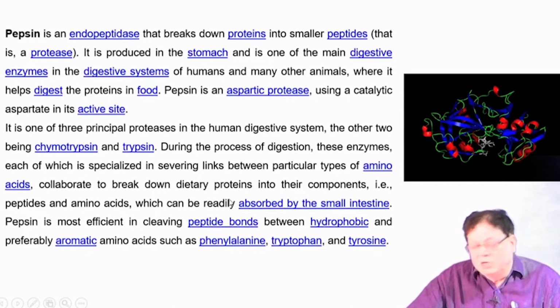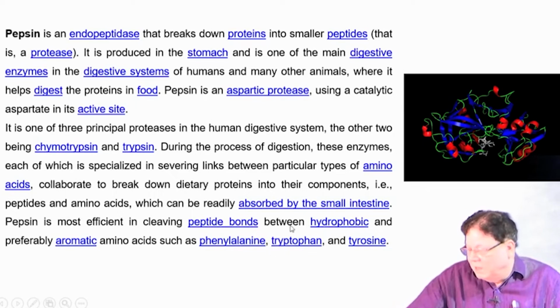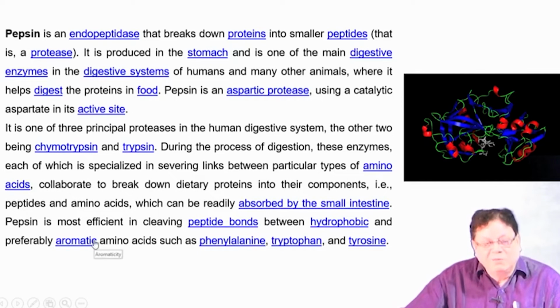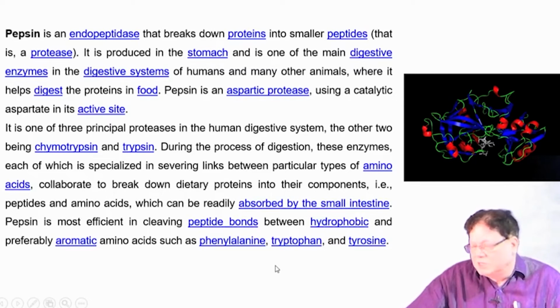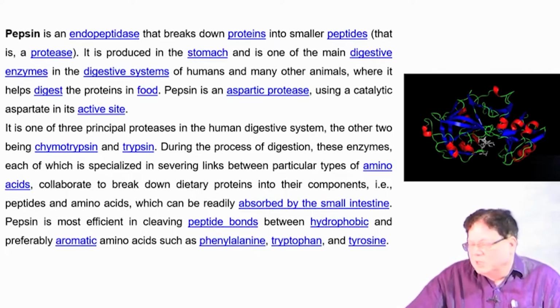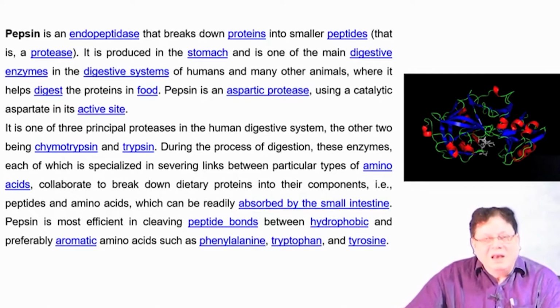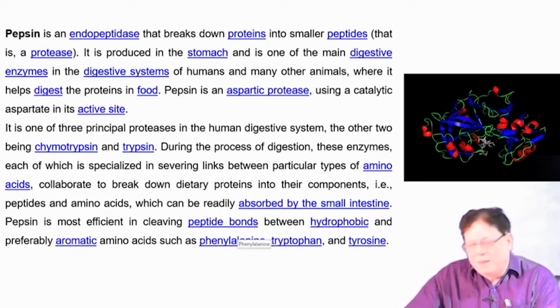But I think later on it was found that it can recognize even other amino acids which are also hydrophobic, not only aromatic, because hydrophobic groups are present not only in aromatic groups, but also in leucine, isoleucine, valine, which are aliphatic hydrophobic groups. So, pepsin's specificity is a little less, that is why people do not rely on pepsin so much.